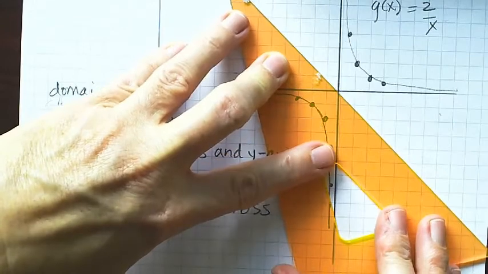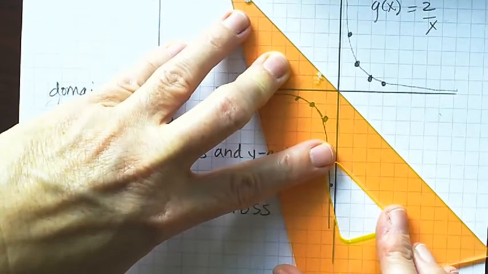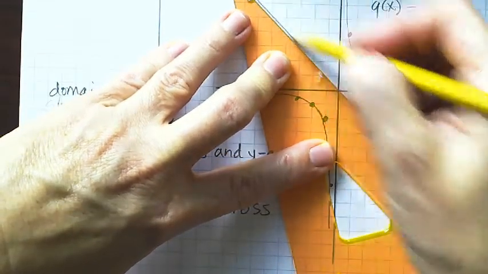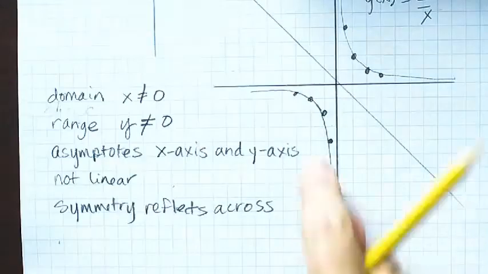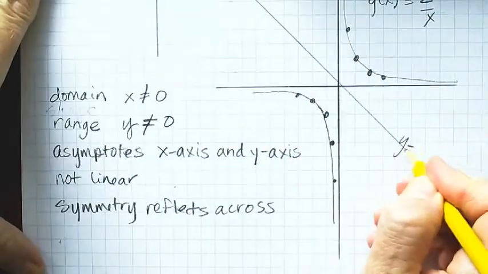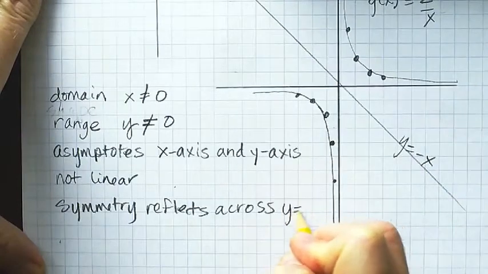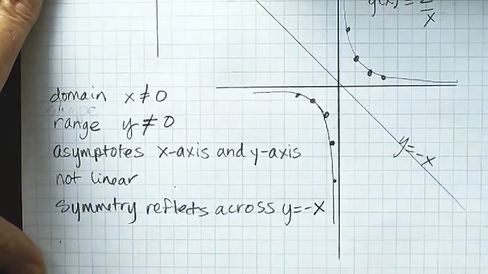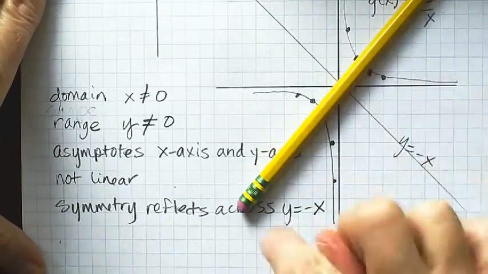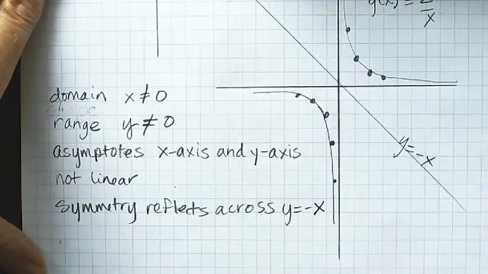So if I were to draw y equals -x, that's a y-intercept of 0 and a slope of -1. It's reflected in that line. Could also say it reflects in the line y equals x.